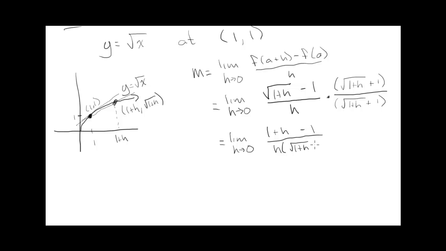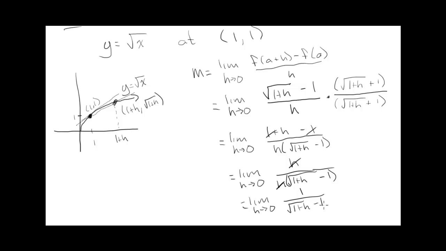You'll see why in a second. So here my 1's go away. So I just get h over h, and then root 1 plus h plus 1. These h's go away. So I just have the limit as h goes to 0 of 1 over root 1 plus h plus 1, and then I can let h go to 0.